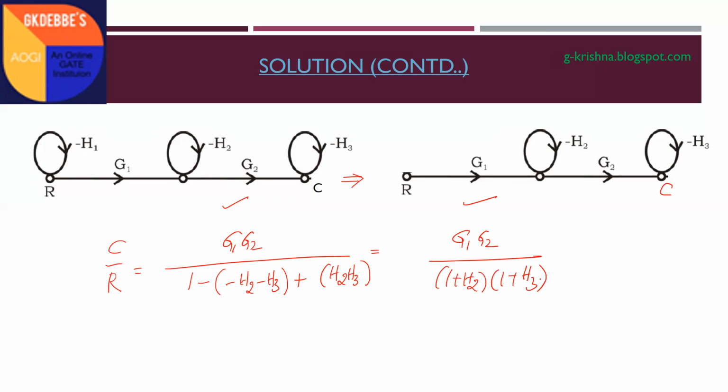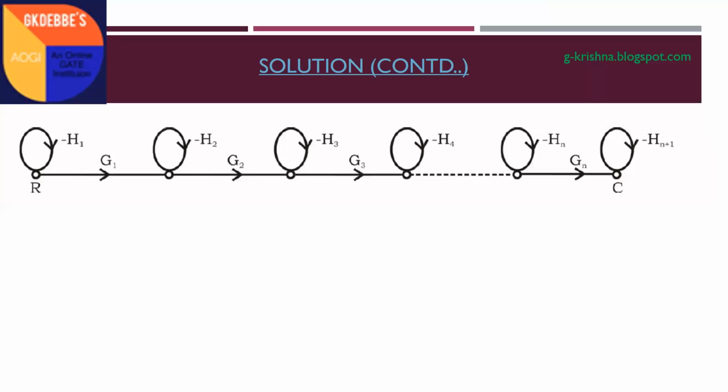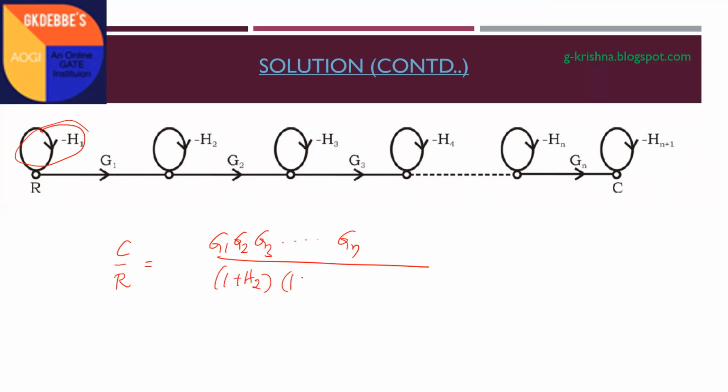Hence for our question, whatever is given, we can write C by R as G1 G2 G3 and so on up to Gn, divided by, this loop will not be considered, (1 plus H2) into (1 plus H3) into (1 plus H4) and so on up to (1 plus Hn plus 1).